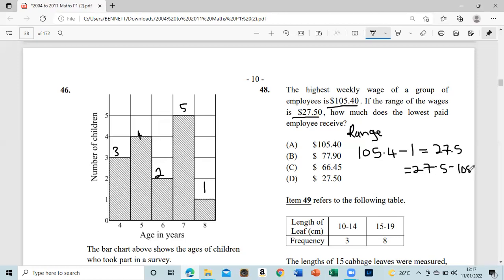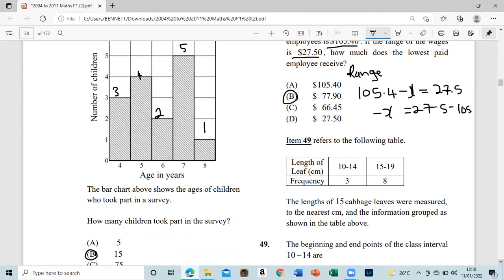Even though I get a negative number, I could call this x. So that's 77.90. So that's B. You guys can use calculator, remember that.